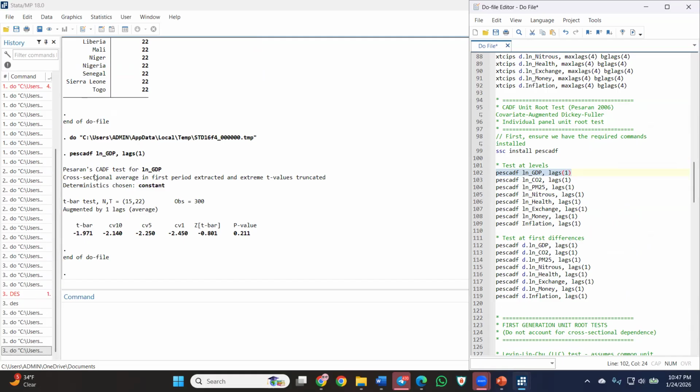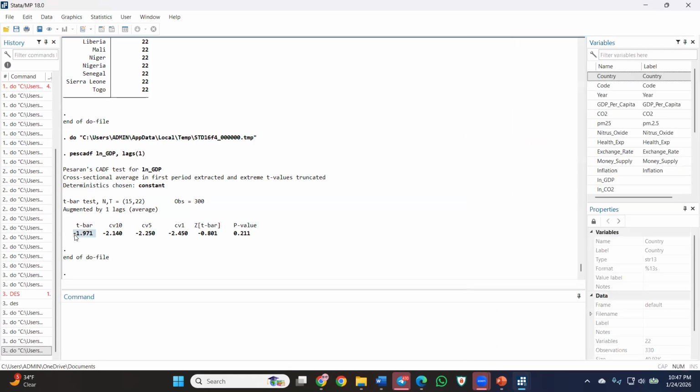It says the Pesaran CADF test for GDP, cross-sectional average in first period extracted and extreme t-values truncated, deterministic chosen constant, t-bar test augmented by lag 1. Yes, we used lag 1. So we have the t-bar here, we have our critical values here, the 10, 5, and then the Z t-bar, and then the p-values.